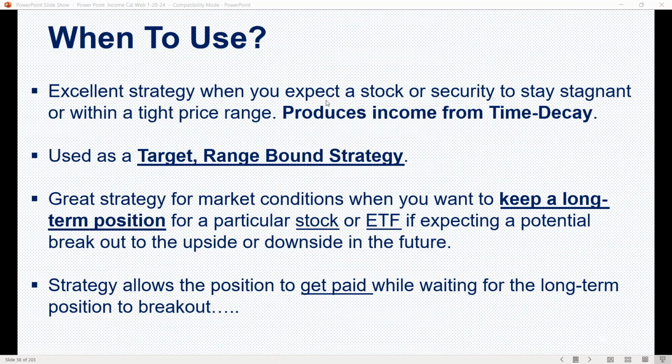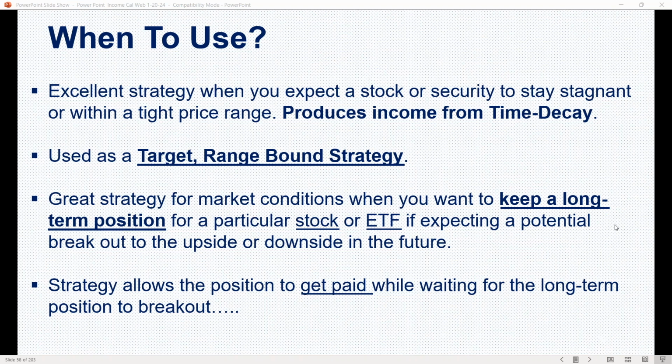It's an excellent strategy if you expect a stock or security to stay stagnant within a tight range, like a credit spread or iron condor. You can produce income from that time decay. The way I like to use these is what we call a target trade or range-bound trade.